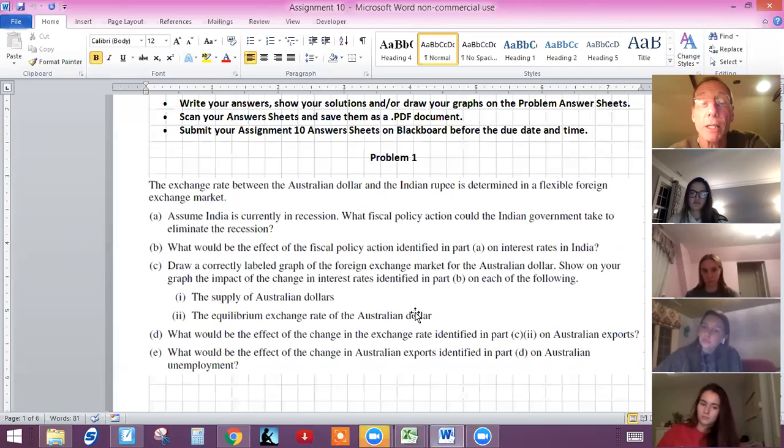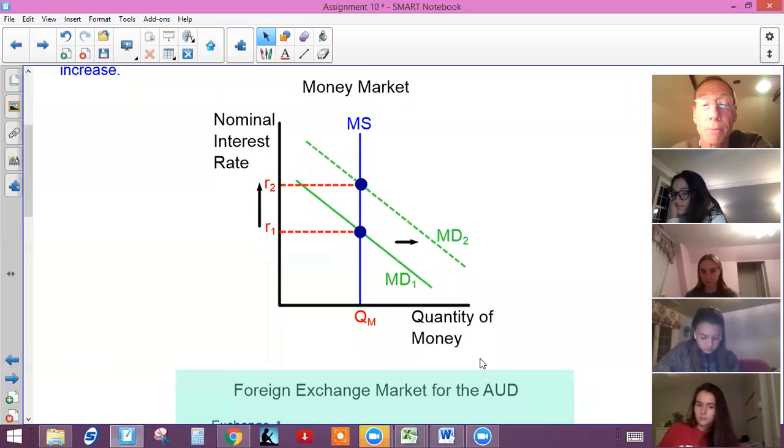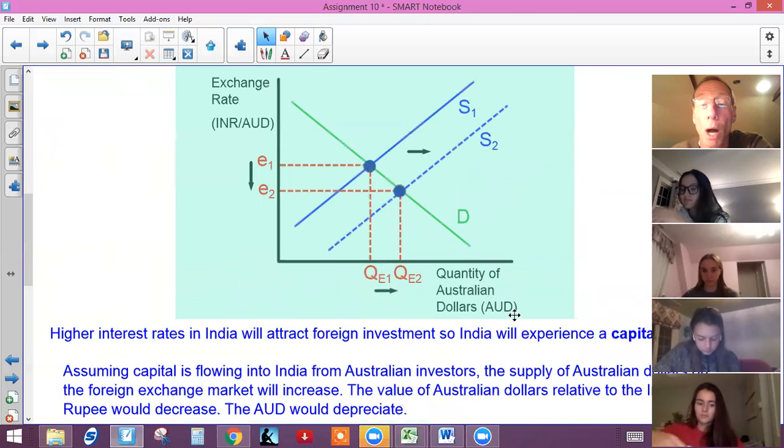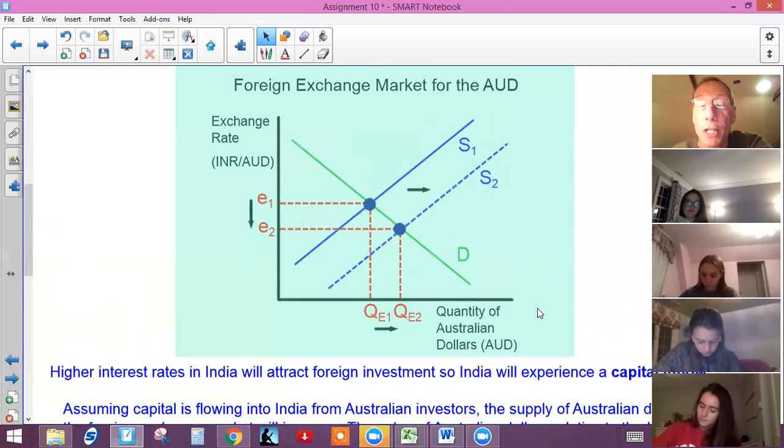Now, the tricky thing about this is whenever you draw a graph of the foreign exchange market, you're going to be using two currencies. And so if it's for the Australian dollar, then the quantity is for the Australian dollar. So that's going to be in your horizontal axis: quantity of whatever the currency is they're asking you to draw it for, which in this case is the Australian dollar.